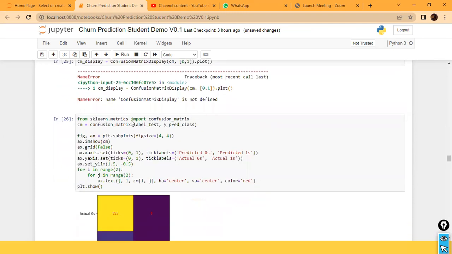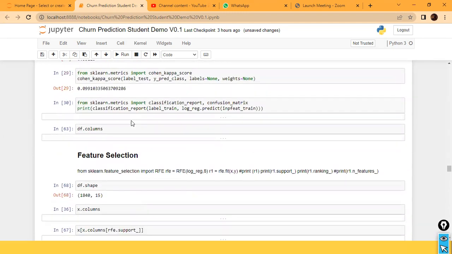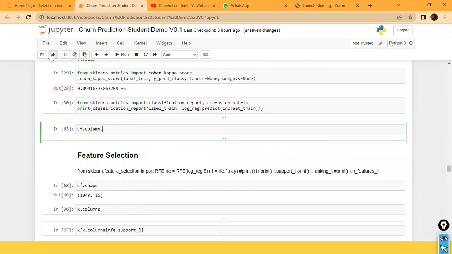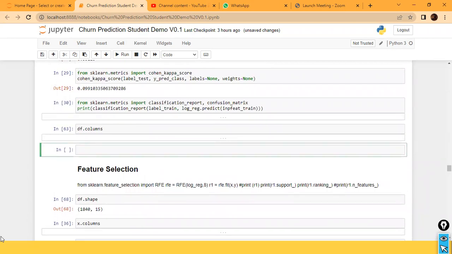So now we will see how we can fit a model using the statsmodels package. There is a function called sm.logit. The first argument is your dependent variable and the second argument is your independent variable.